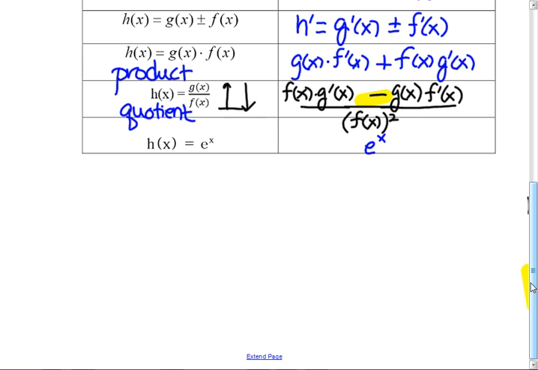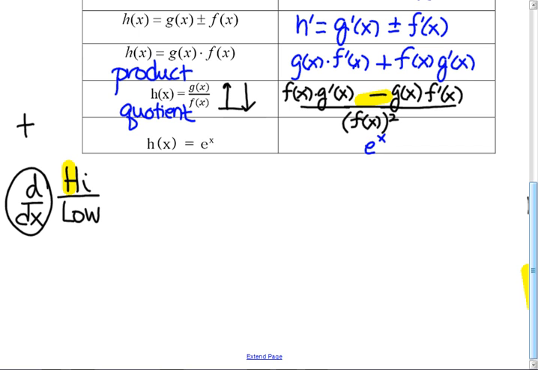Okay, how can I remember the quotient rule? Well, it's high over low. So the derivative with respect to x, that's just an operator, like an adding sign is an operator. When I see this d over dx, I'm going to see how the function changes as the x changes.